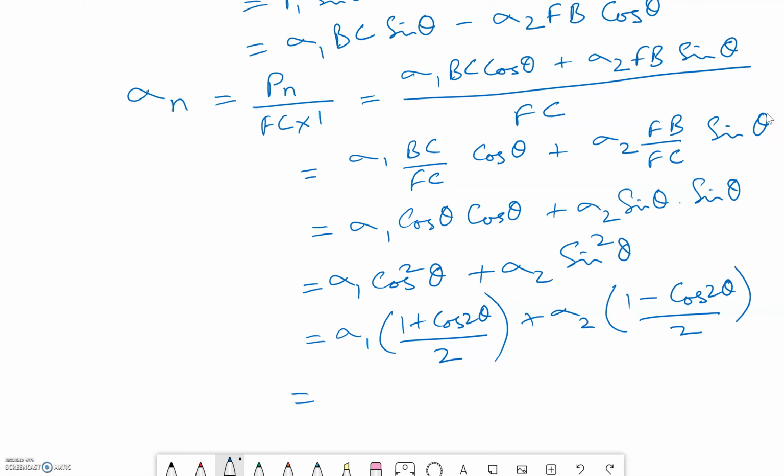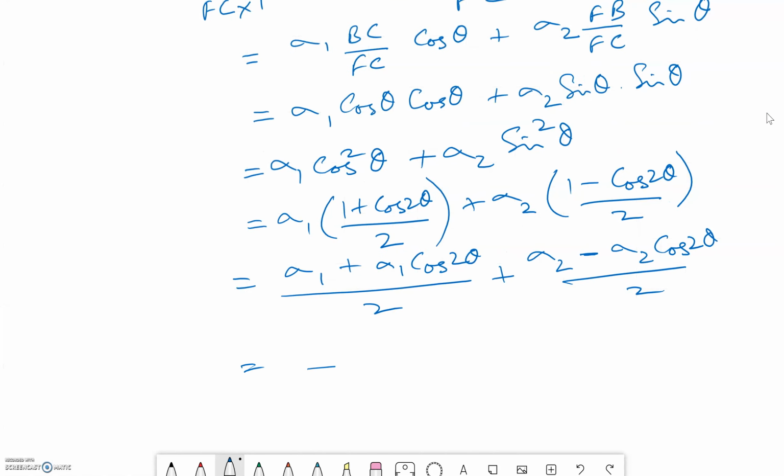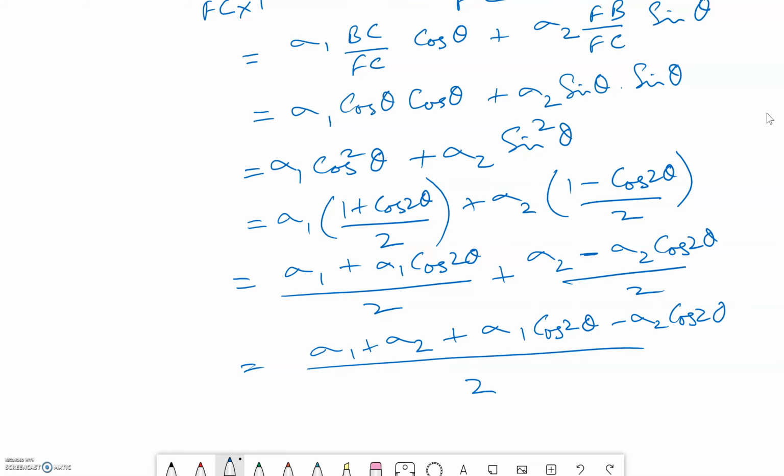So simplifying this further, you get sigma 1 plus sigma 1 cos 2 theta by 2 plus sigma 2 minus sigma 2 cos 2 theta by 2. Now simplifying further, I get sigma 1 plus sigma 2 plus sigma 1 cos 2 theta minus sigma 2 cos 2 theta.